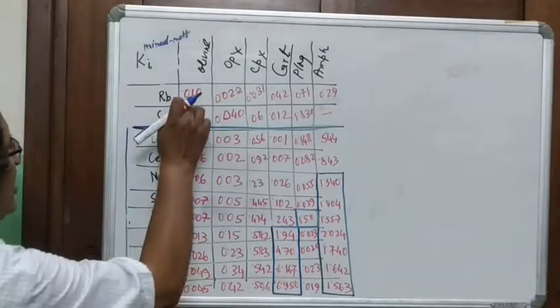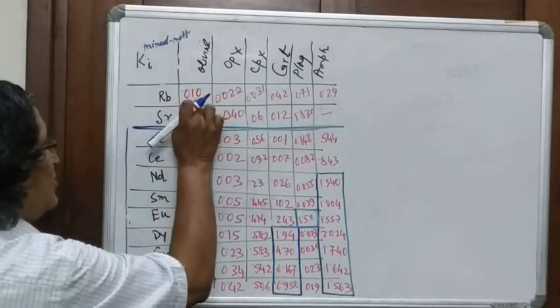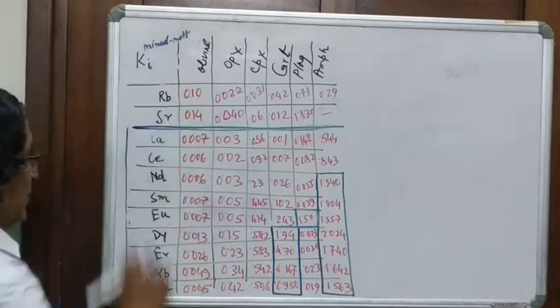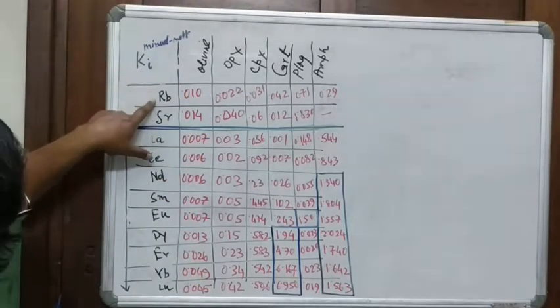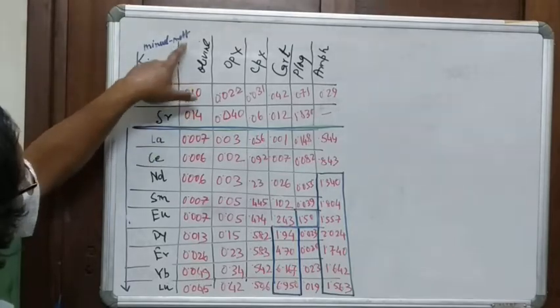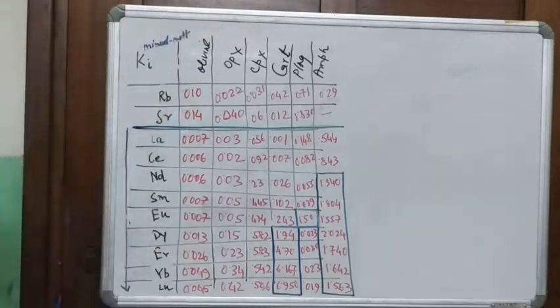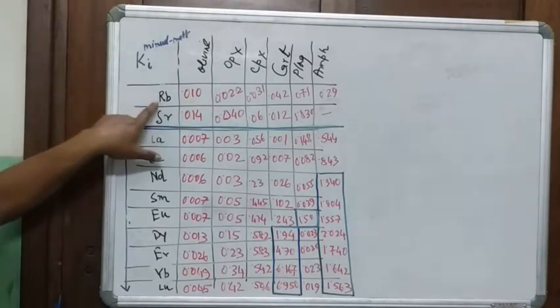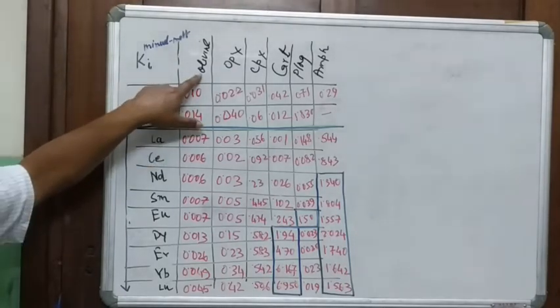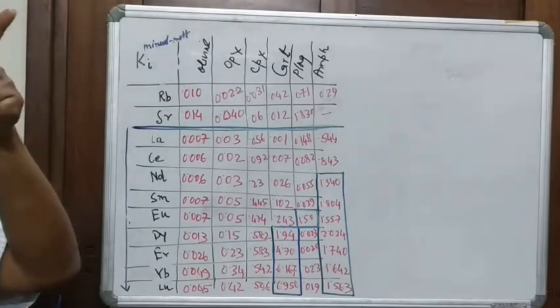This value 0.10 is the partition coefficient of rubidium between olivine and melt. Have you understood?